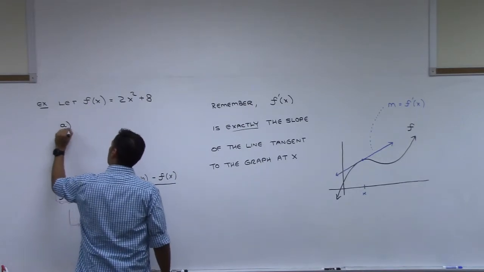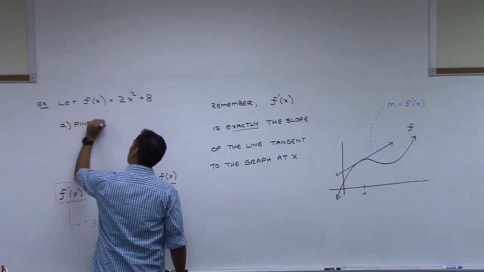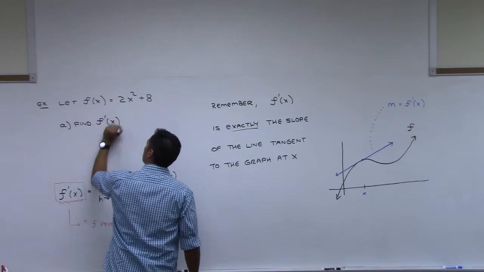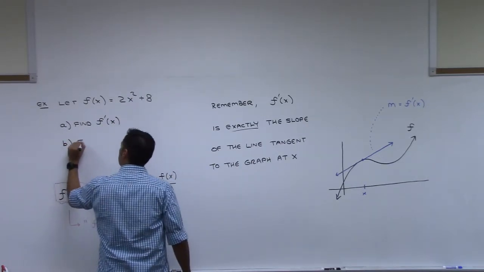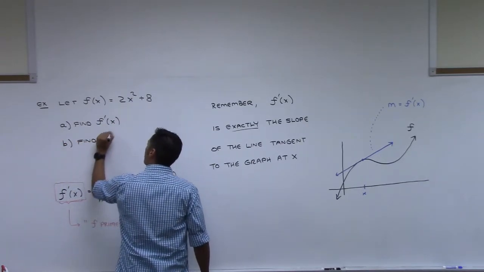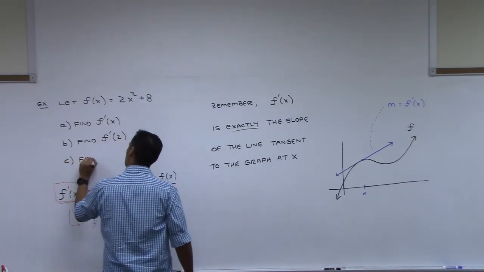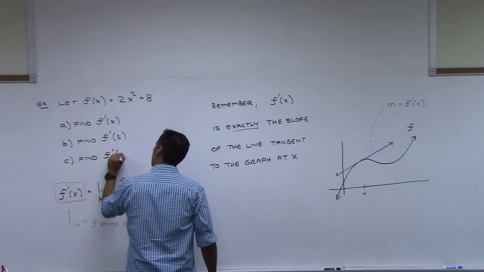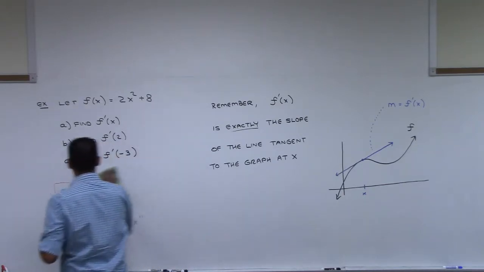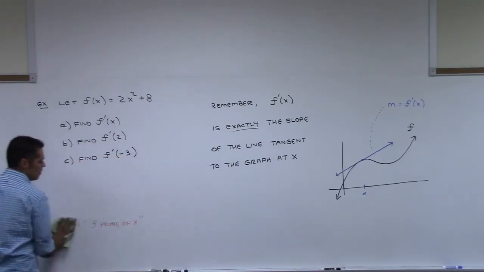Part A, find f prime of x. Part B, find f prime of 2. C, find f prime of negative 3. So we're going to do 3 different things for this problem.